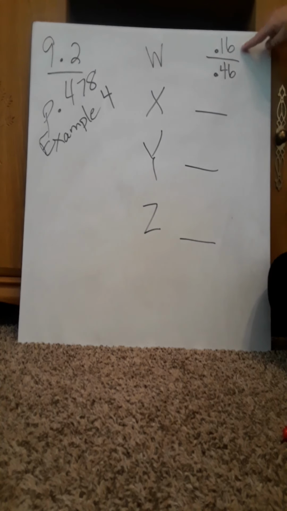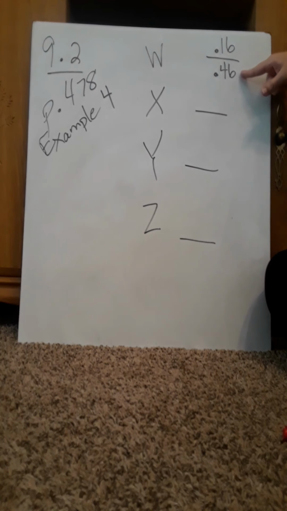Here's the probability that they searched it and bought it. Here's the probability of the condition, which is that they searched it to begin with. The condition is that they searched it. The probability that you're looking for is that they bought it. So the 0.16 goes on the top and the 0.46 goes on the bottom.